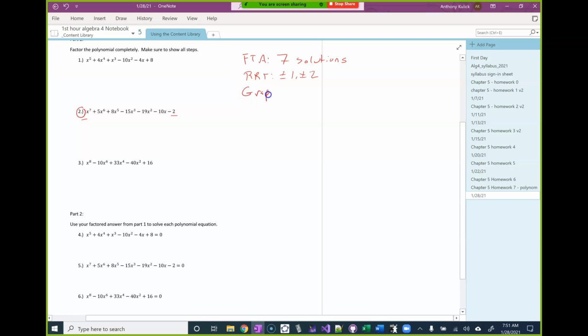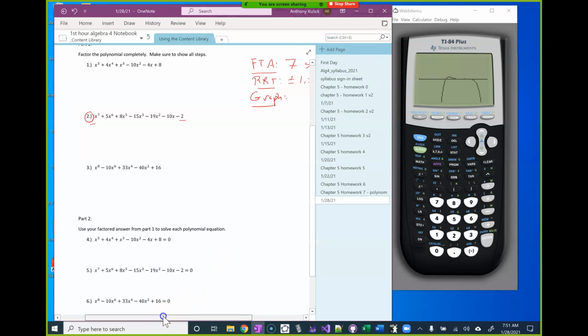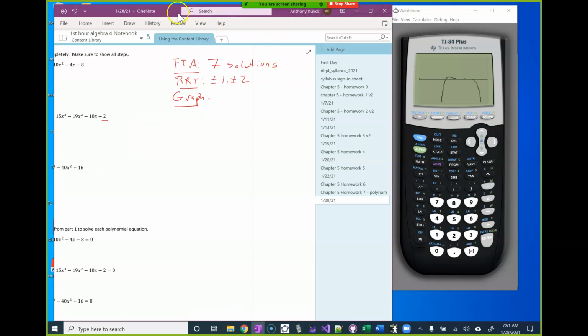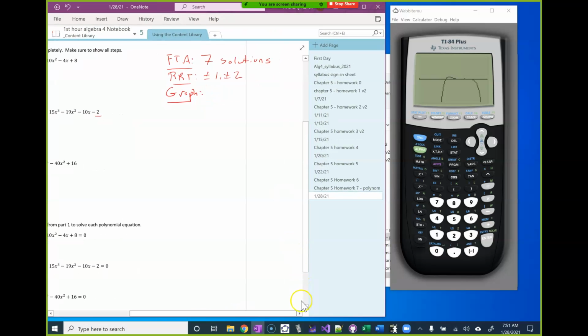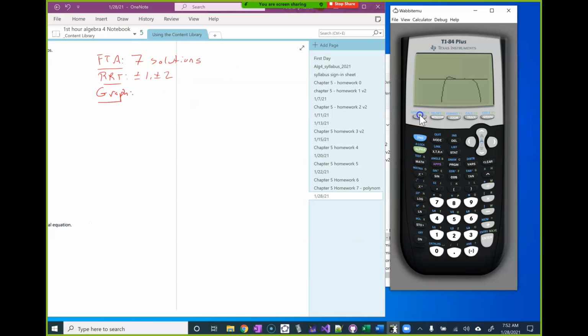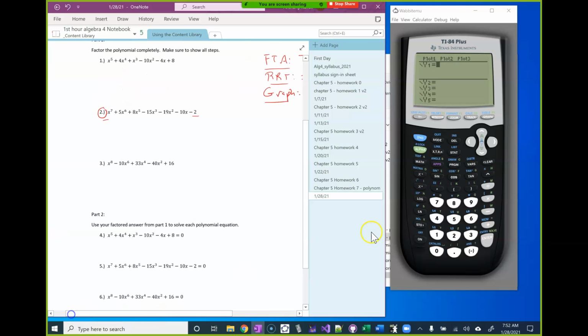And then I'm going to go to my graph and see what I see there. This is probably the most important part before we start doing the synthetic division: looking at your graph and making sure we interpret what we're seeing correctly, because you can make your life rather difficult, or a lot easier on yourselves, depending on if you're able to interpret what you're seeing accurately.